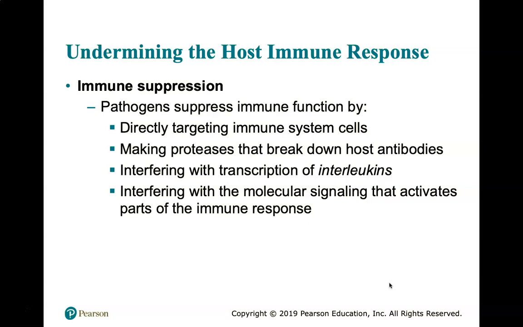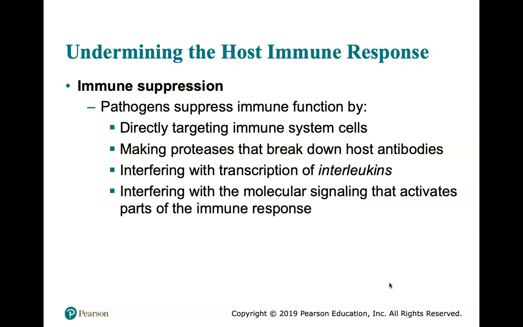And then interfere with signaling. That is absolutely one of the major ones. Our cells send chemical signals all over the place. They talk to each other with chemical signals. They activate the immune system. They activate defenses by using chemical and molecular signaling.